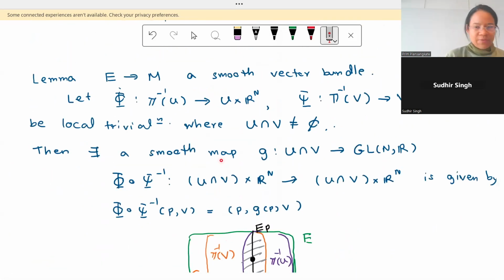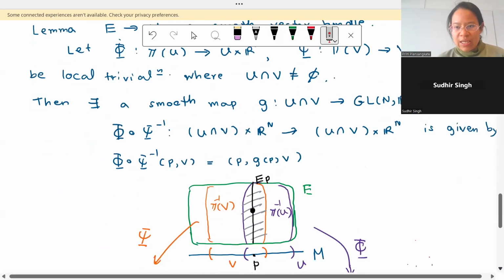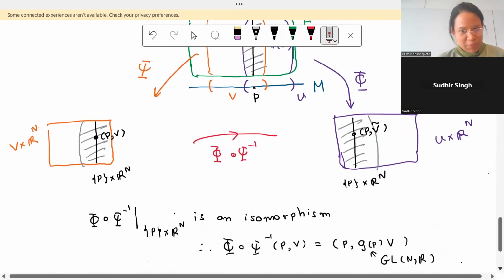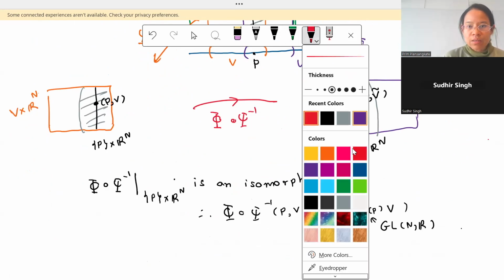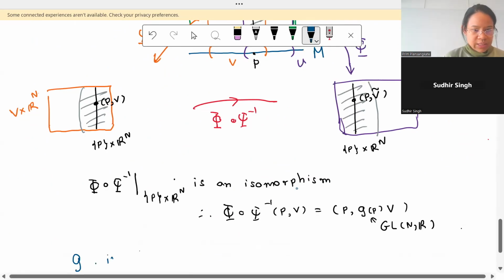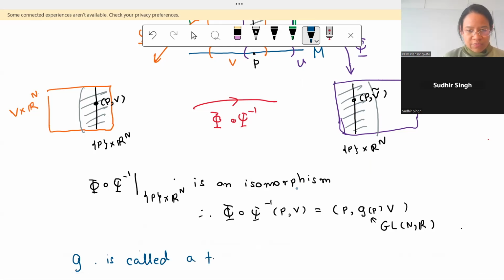Okay, right. And this G is quite important. We'll see it a lot later. This function G is called a transition function.